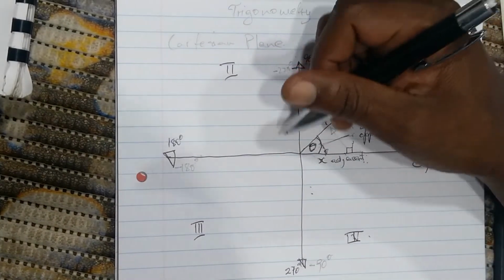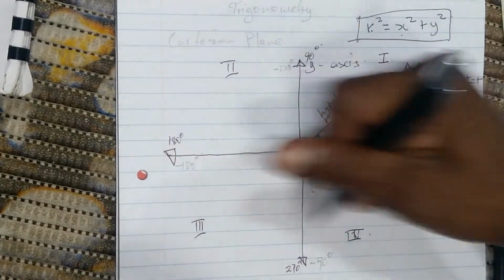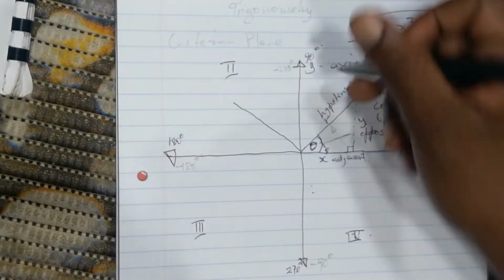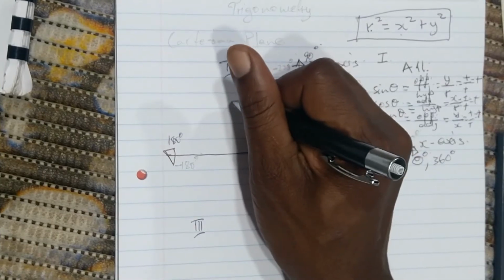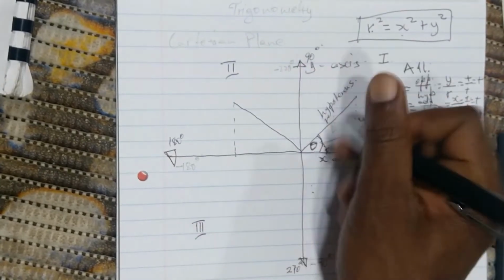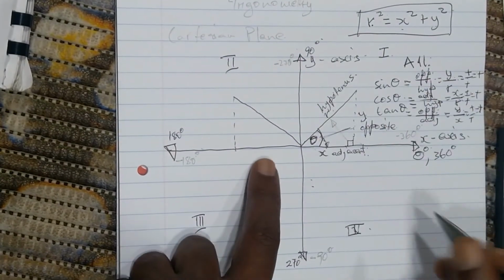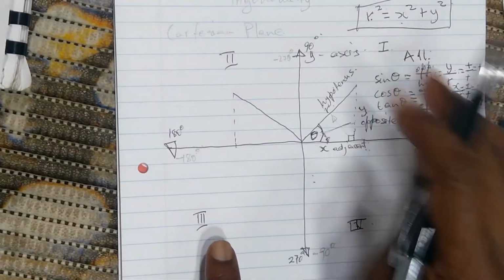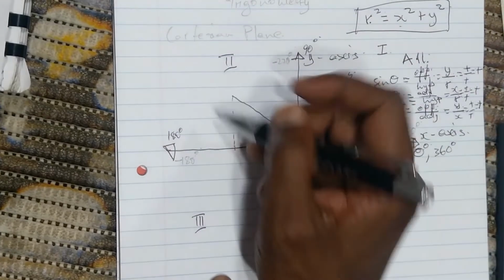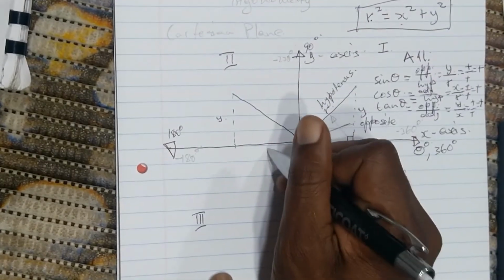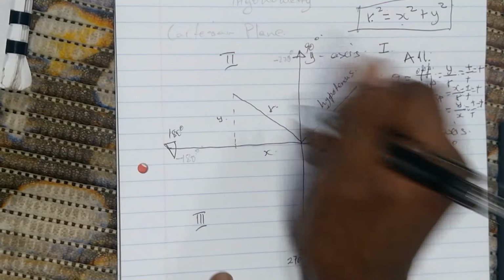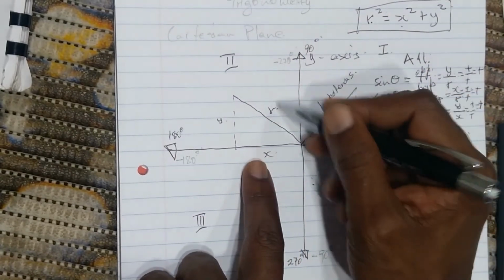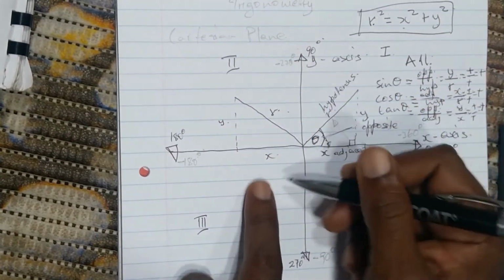Now I just want to look at all the other ones quickly. Like I said before, we're just going to go through this painful and boring process so that you can understand everything about how these ratios sit on our Cartesian plane. So again, here we have a y, and then we have an x, and that is an r. Obviously, this becomes our hypotenuse.